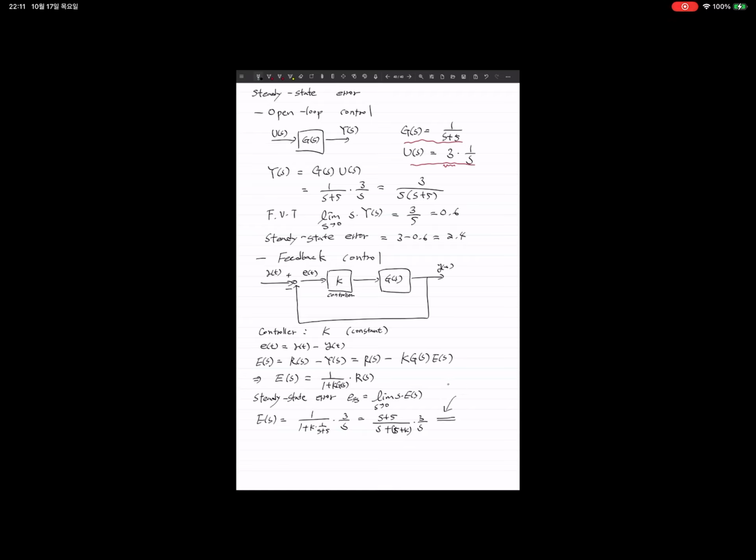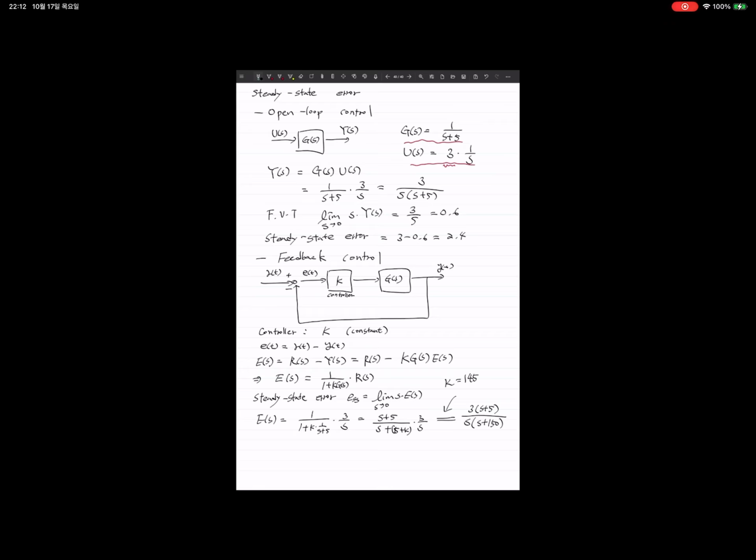Let's say our controller K is 145. Then E of s becomes 3 times s plus 5 over s plus 150.